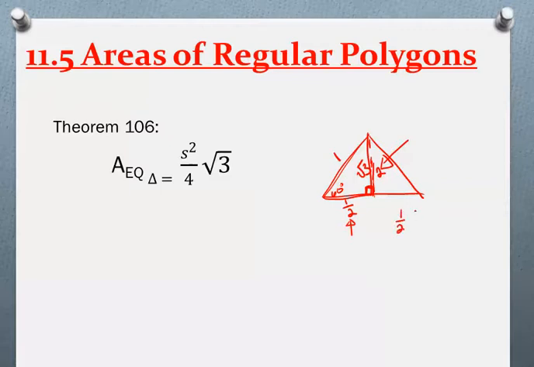So half times 1 times square root of 3 over 2 gives you square root of 3 over 4. And again, that side squared comes because we have 1 times itself.